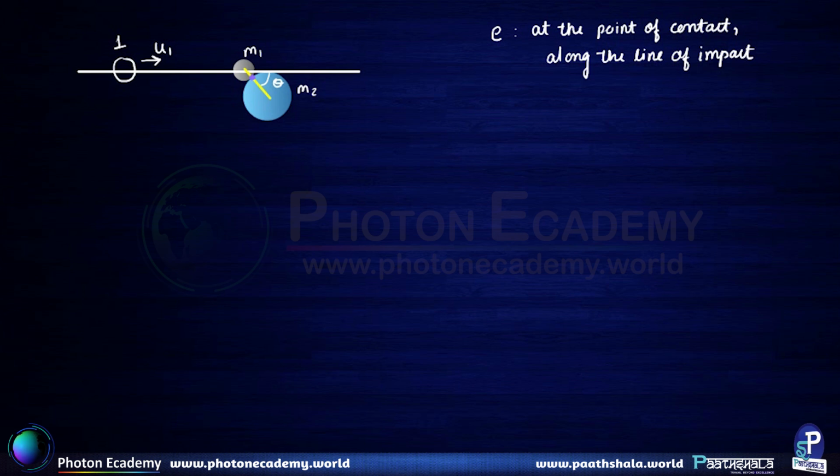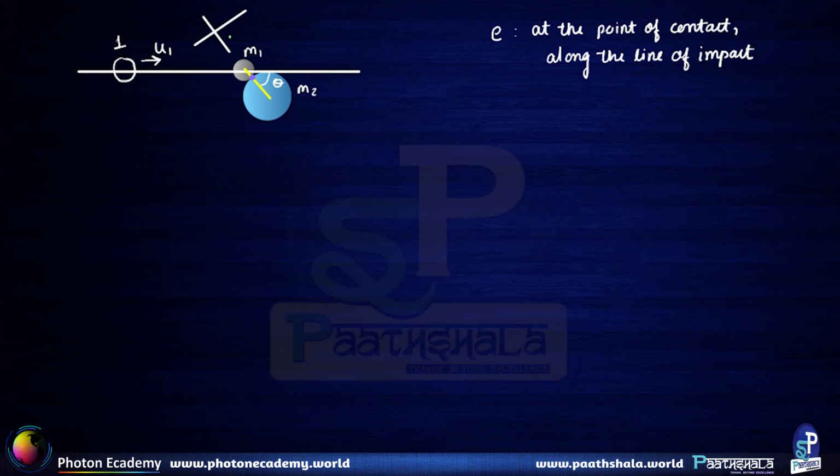So we now can conveniently choose our axis in this manner. This is one axis and this is another axis. So we can choose our x and y axis to be so.